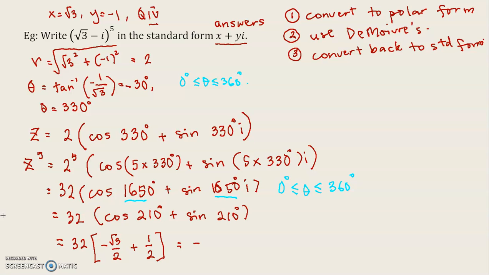That will be negative 16 root 3 plus negative 16i. So this is the answer. If you want, you can write it nicely: power 5 is negative 16 square root of 3 minus 16i.